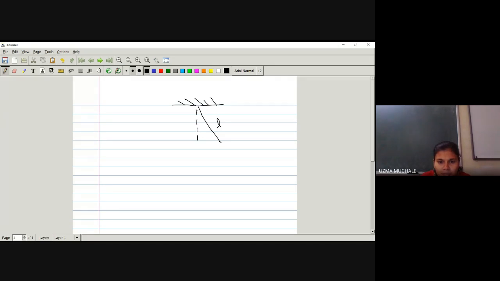So here the particle is moving in circular motion. Assume this is circular. So this is our x coordinate, this is the y coordinate, and this is our perpendicular angle.